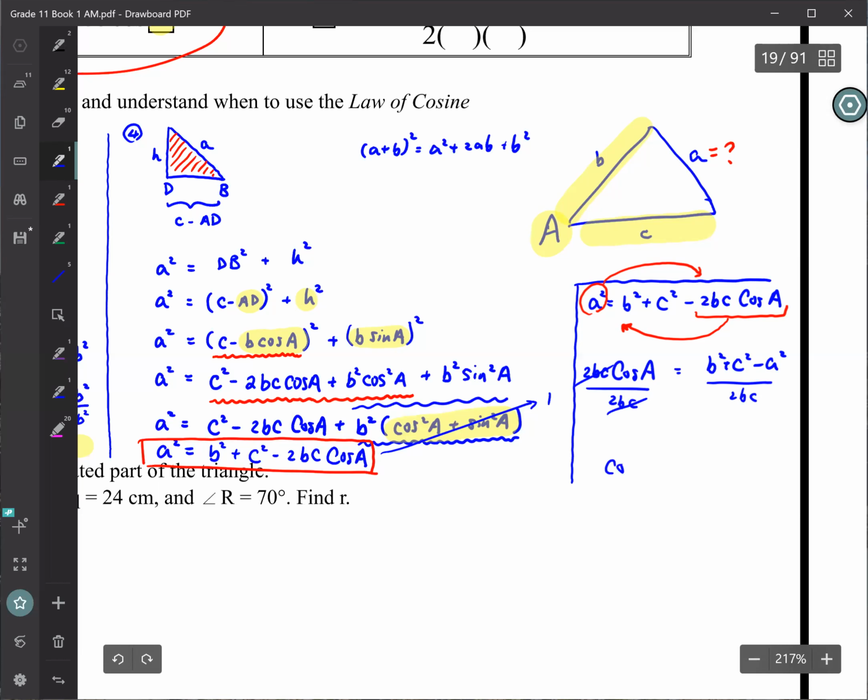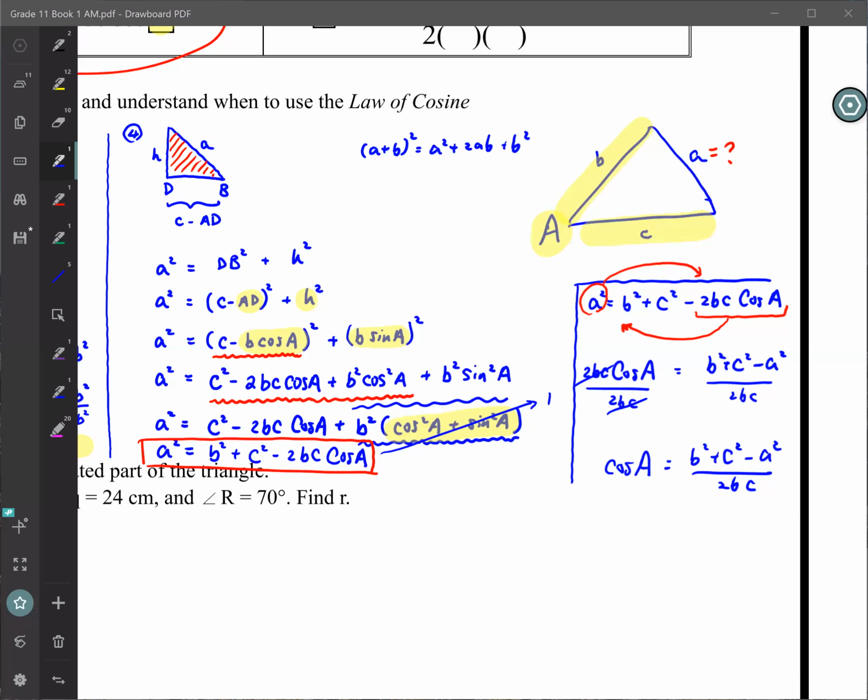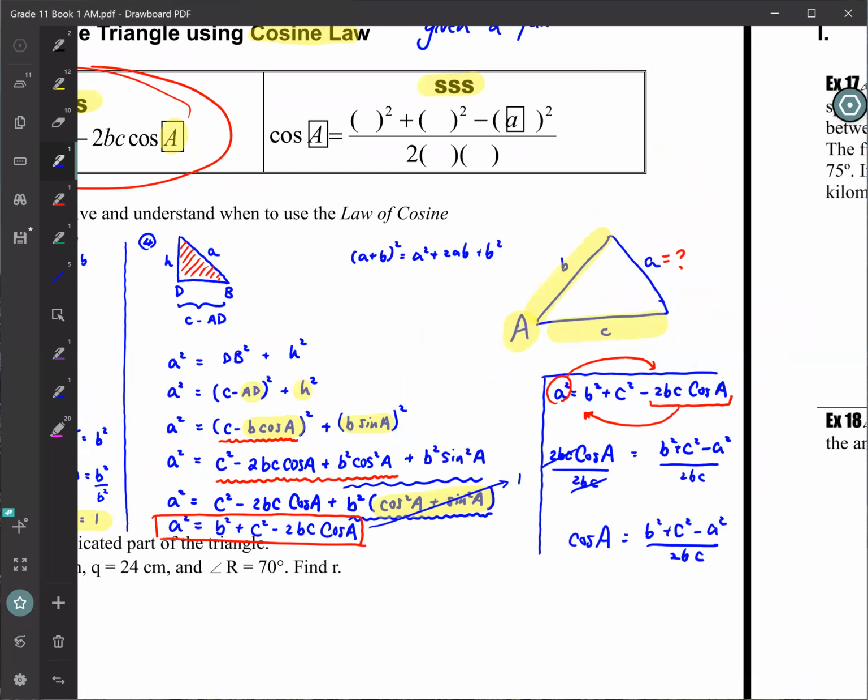So cosine A will equal b squared plus c squared minus a squared over 2bc. That's where the second formula comes from. Please raise your hand again when you finish writing this part, and then we'll fill in the blanks.